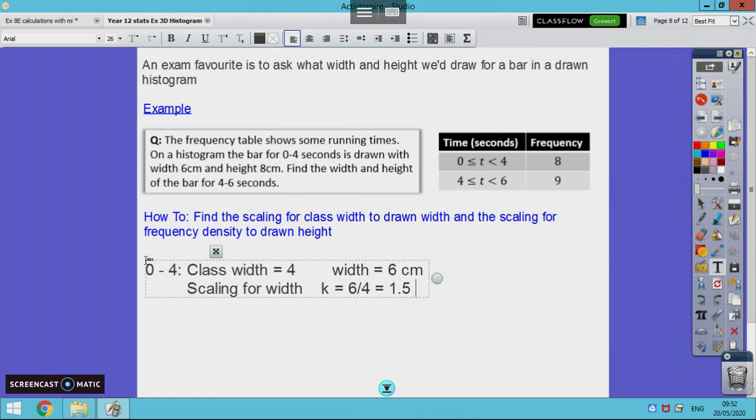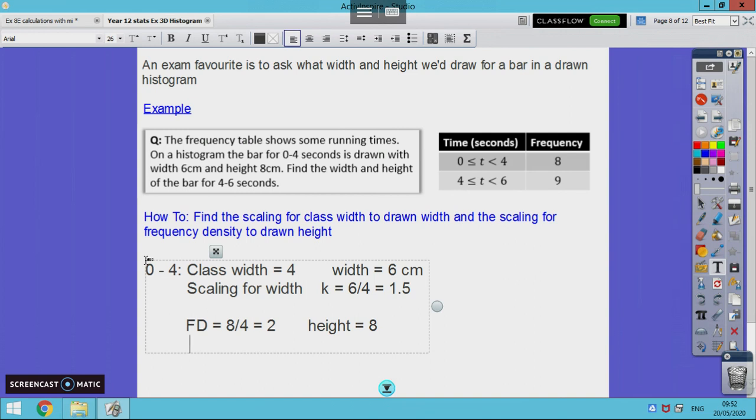Let's think about what it would be for the height. So let's find the frequency density first, because that gives us the height. The frequency density is the frequency divided by the width, 8 divided by 4, which is 2. So the frequency density is 2, and the actual height of the bar is 8.